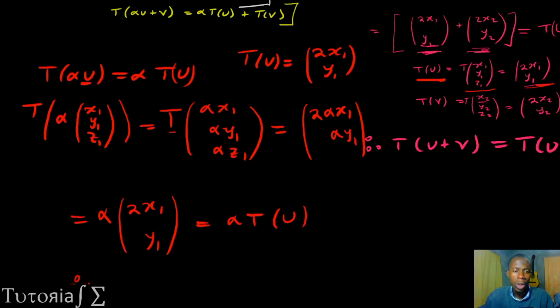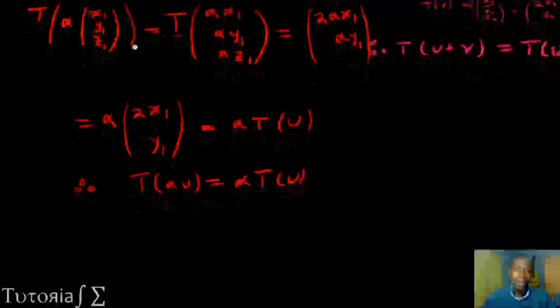So we can say this is basically equal to alpha transformation of u. Then therefore we can conclude now to say transformation of alpha u is equal to alpha transformation of u. And you make a conclusion.